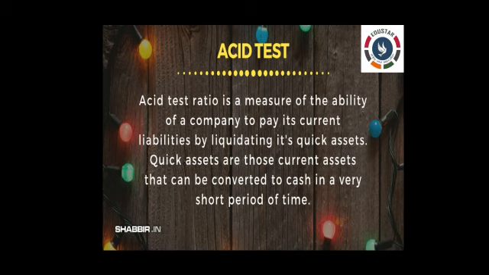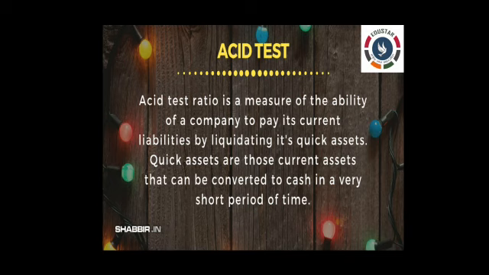Then the acid test ratio is also called the quick ratio. Quick assets are classified as those assets which are quickly convertible into cash. While calculating quick assets, we have to exclude inventories.